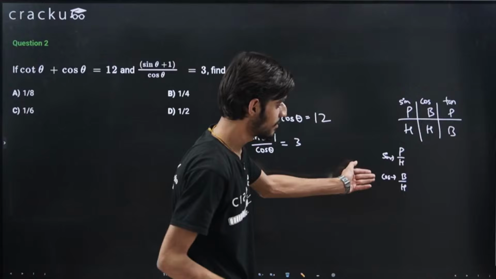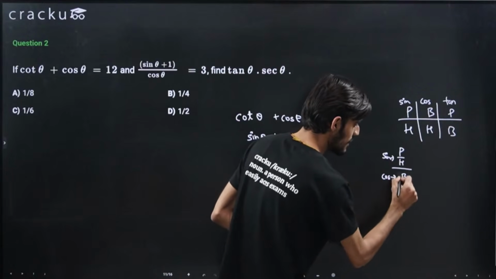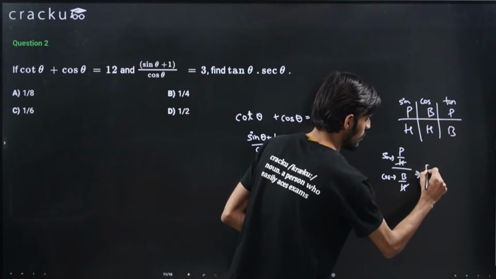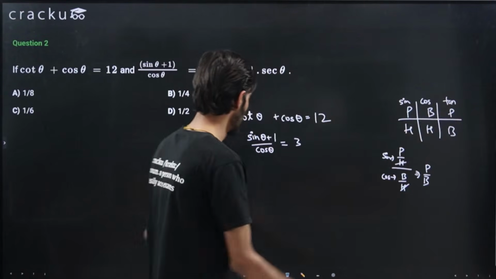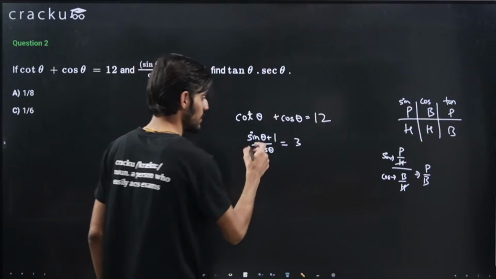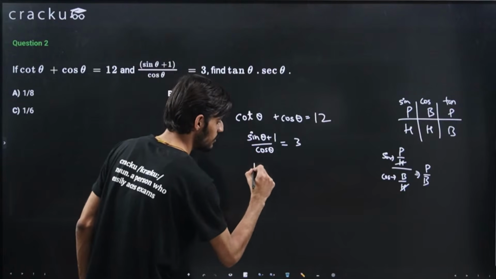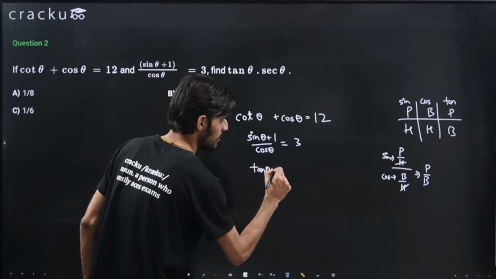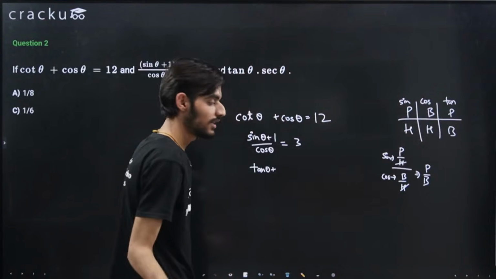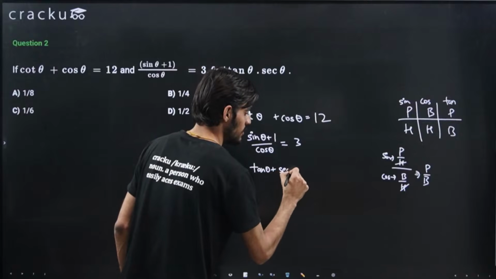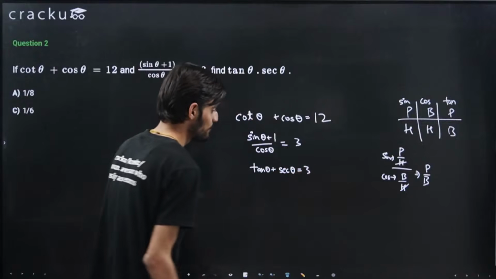So we can just divide sin by cos. Here h and h will cancel out. It will come out to be perpendicular divided by base, which is nothing but tan theta. So here also we are using the same thing, sin theta by cos theta is tan theta, plus 1 by cos, that is the reciprocal of cos, which is sec theta. So plus sec theta equal to 3.